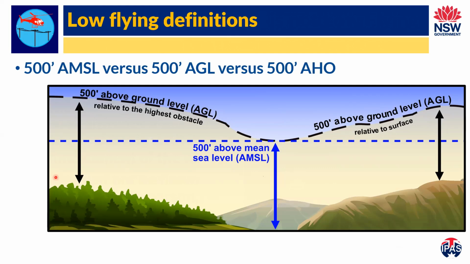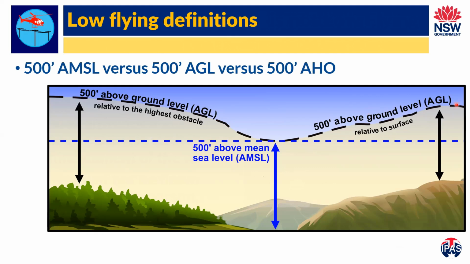Right. So when we do our vertical distances as aviators, we reference it to mean sea level. In the picture on the screen, if you imagine the bottom line is sea level, then that dashed blue line is 500 feet AMSL, above mean sea level. But if we are talking about low flying, usually over land, then we're talking about AGL and AHO.